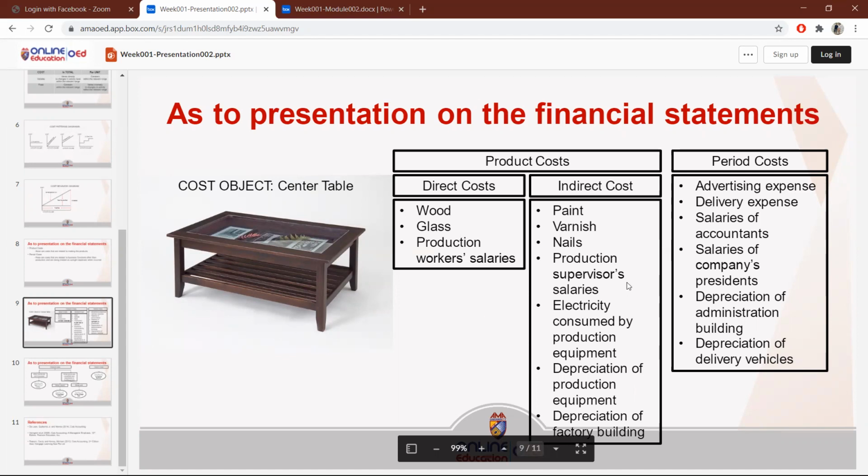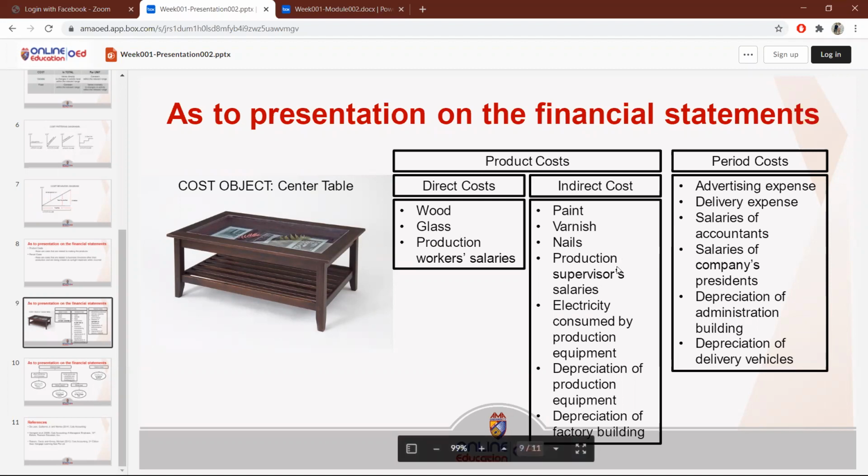Here are the product costs. The wood, the glass, production workers' salaries. Then the indirect costs, which are also directly related to the production of this table: the paint, the varnish, production supervisors' salaries, because he is involved in the production.